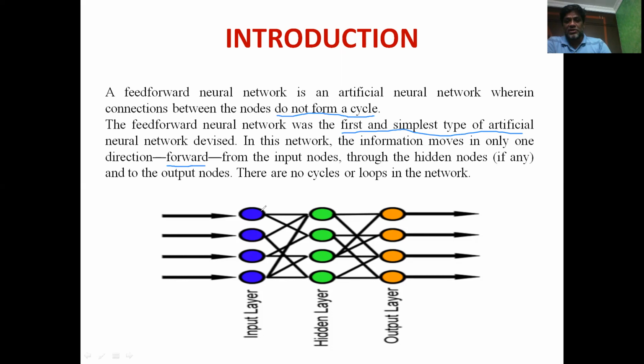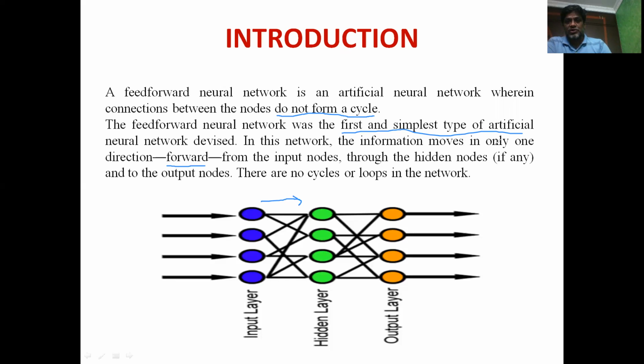The information always flows from one neuron to another, from layer I to layer I+1 only. There is no going back. The information will never flow back in a feed-forward neural network.